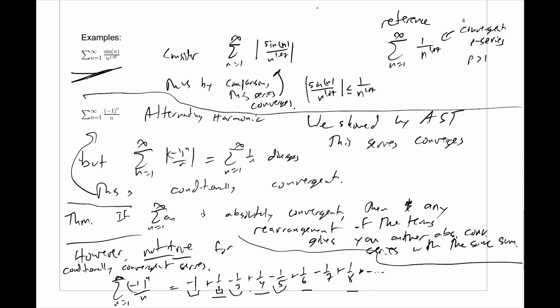And then add the next positive term. And then keep going like that. I'll actually have a rearrangement of this series that converges to -10. But if instead of -10, I picked -100, or if I picked any other number I want, I could get a rearrangement of this series to converge to literally any real number. So things are very strange for conditionally convergent series.